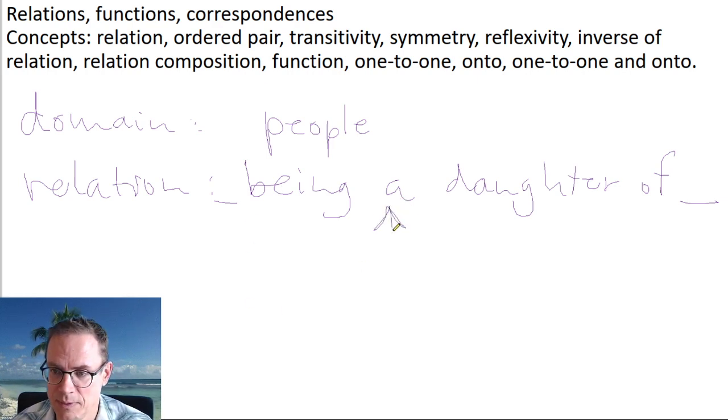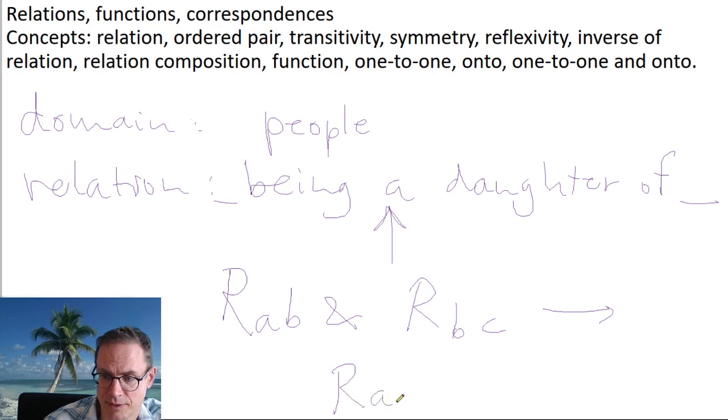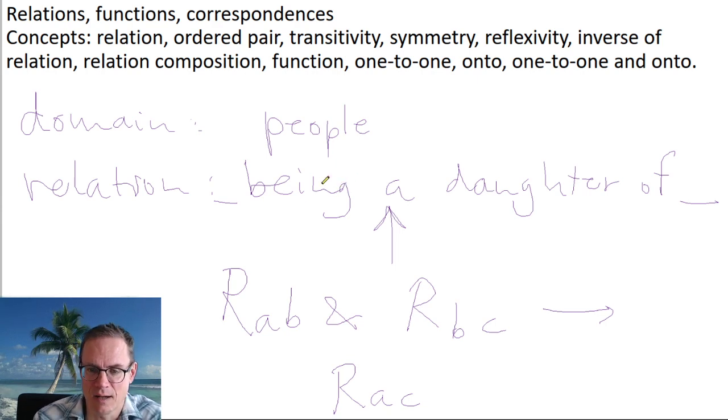Well, this particular one happens to be none. It's not transitive because if A is the daughter of B, and B is the daughter of C, that does definitely not entail that A is the daughter of C. So if we had the relation of being a descendant of, it would be transitive, because if A is a descendant of B, and B is a descendant of C, that would mean that A is a descendant of C. Is it symmetric?